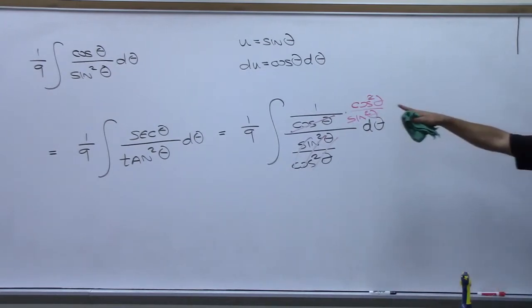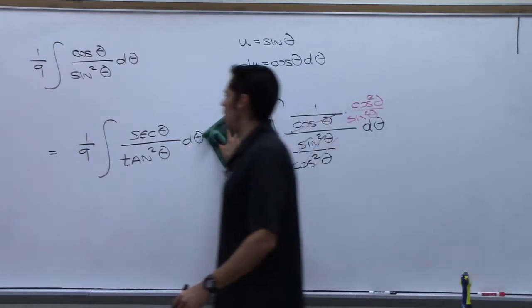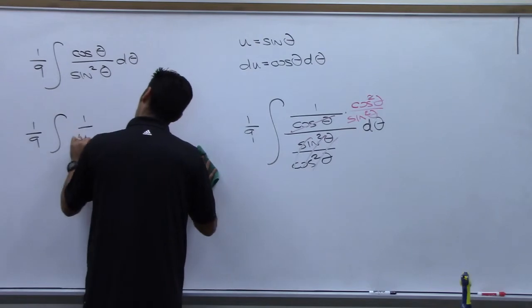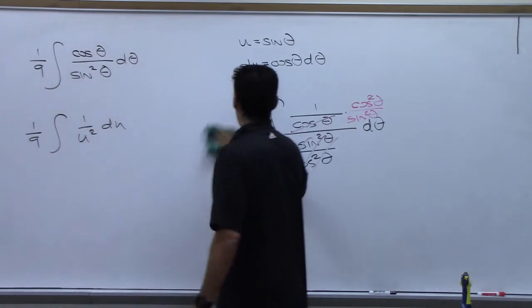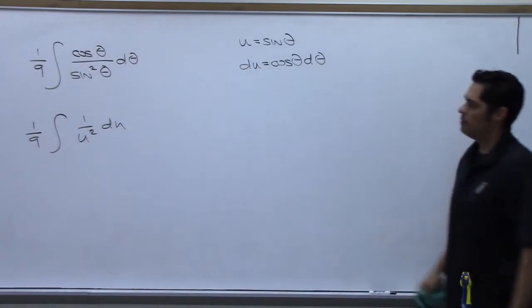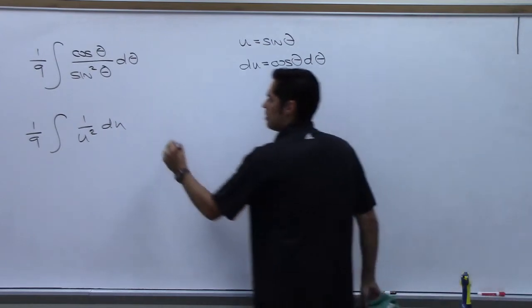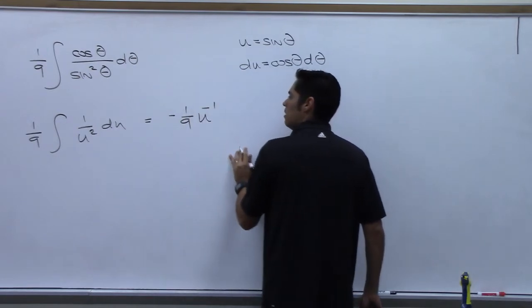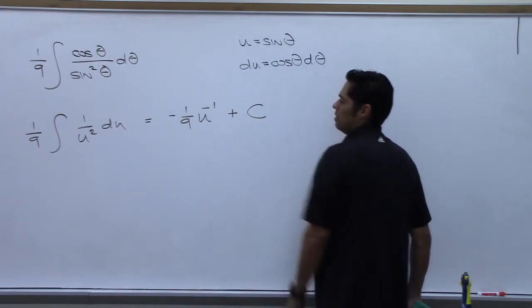So that integral is really nice, turns into what? 1/9 integral 1 over u squared du, which is negative 1/9 u to the negative 1 plus c.